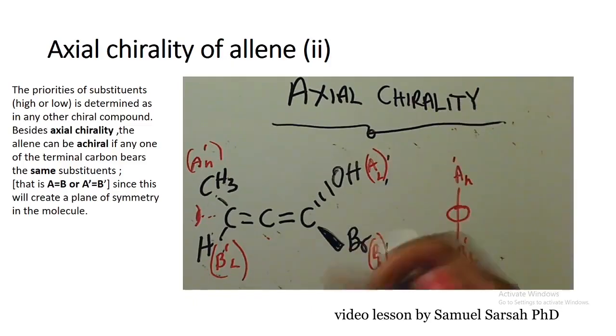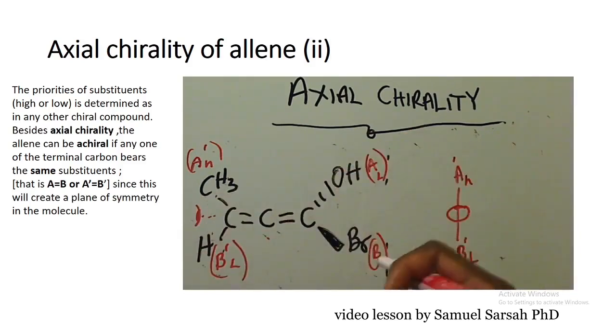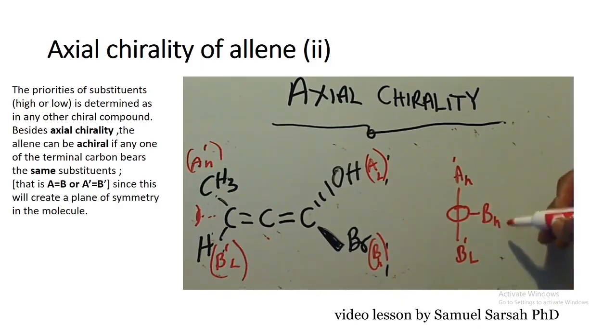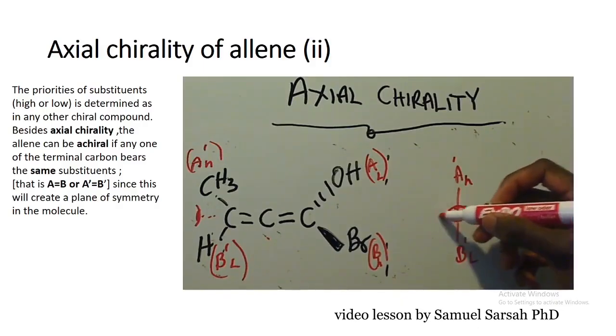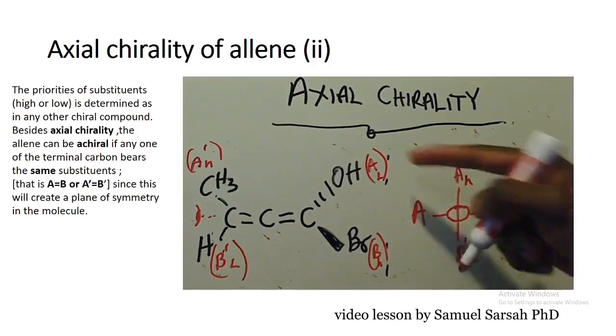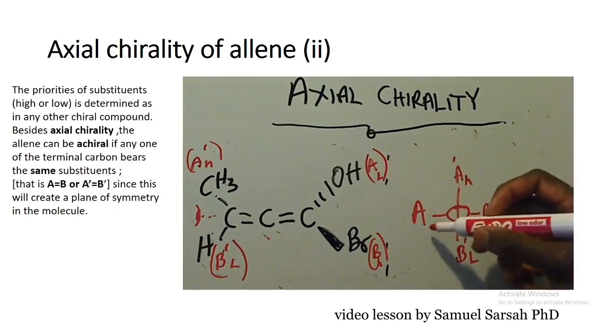Now, of these two, if I stand from here, how will I see this? This will be on my right. B H stands for higher priority, and then the A over here will be on my left.